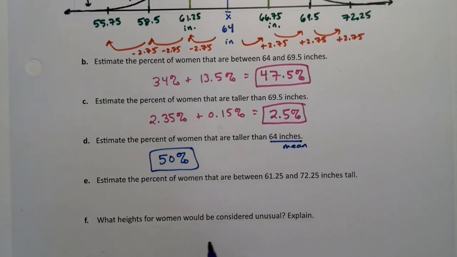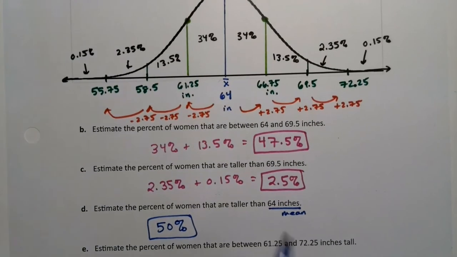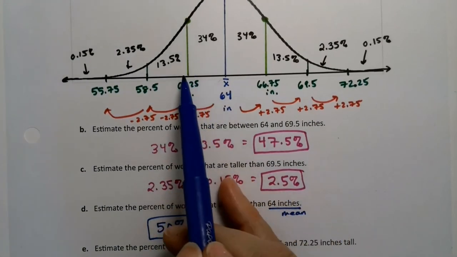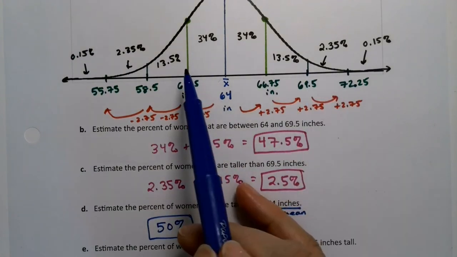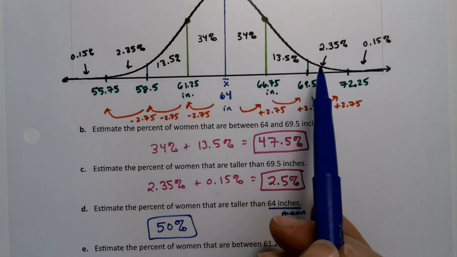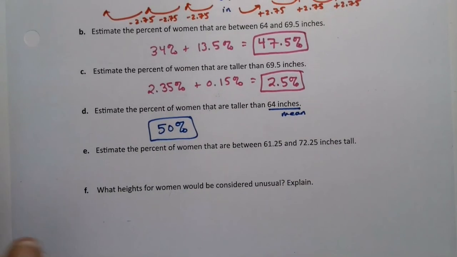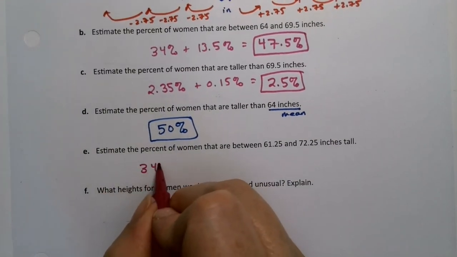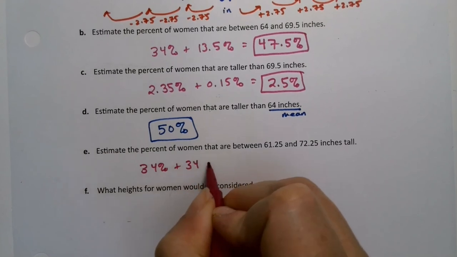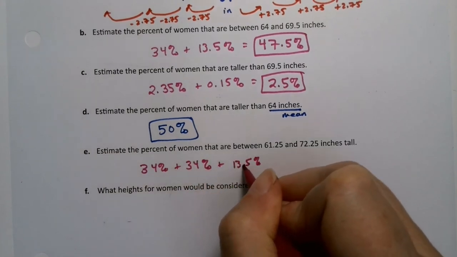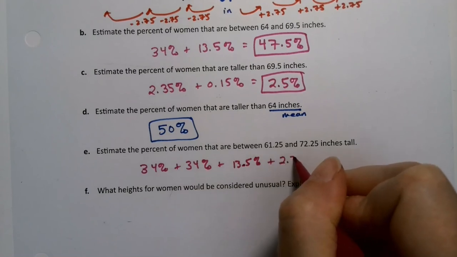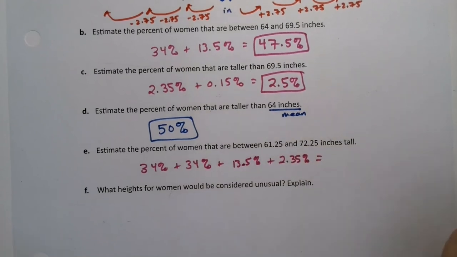Now, what percentage of women are between 61.25 and 72.25? Okay, so 61.25 is right here. So I want to be between that number and 72.25. So I want to add up all the percentages in between. So it's going to be 34 plus another 34 plus 13.5 plus 2.35. And you stop right there.